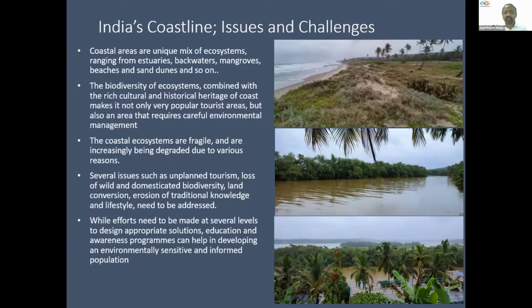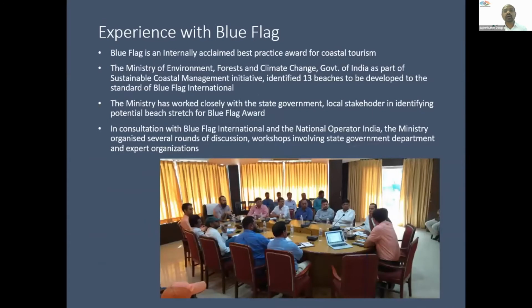So education for sustainable development, or sustainability education along the coastline, is very important. Blue Flag has environmental education as a very integral component.